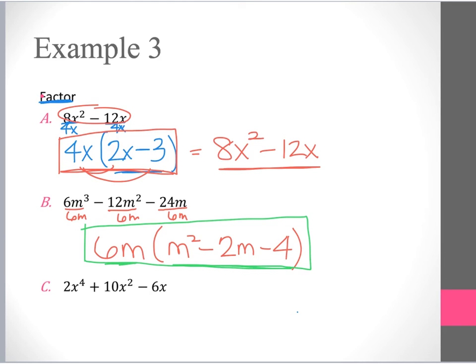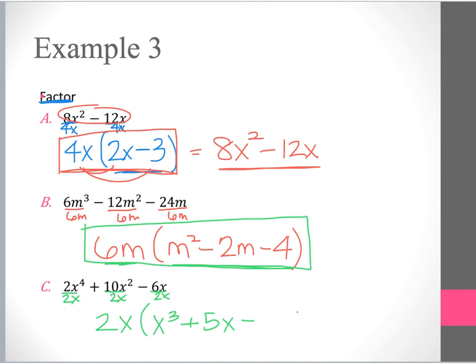For part C, I'm going to look at all three terms because I have another trinomial, and I see that my greatest common factor in this case is going to be 2x, and I'm going to divide each term by 2x. So 2x to the fourth divided by 2x will give me x cubed. A positive 10x squared divided by 2x is going to give me a positive 5x.